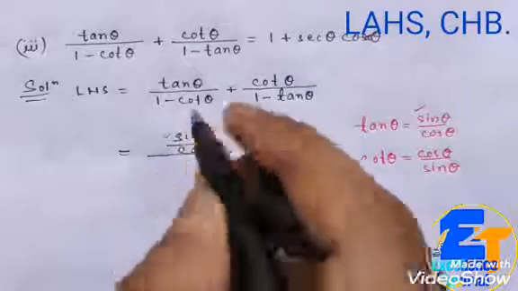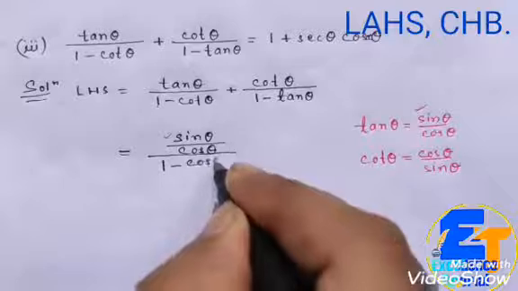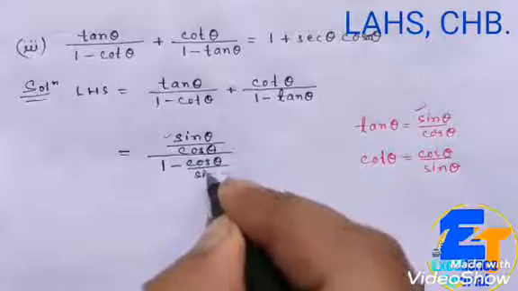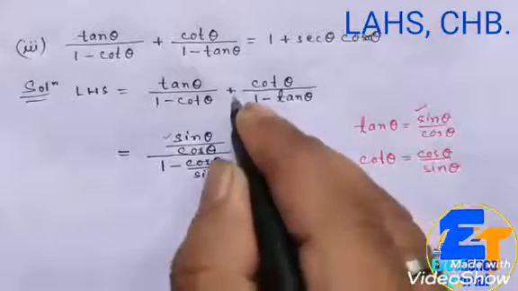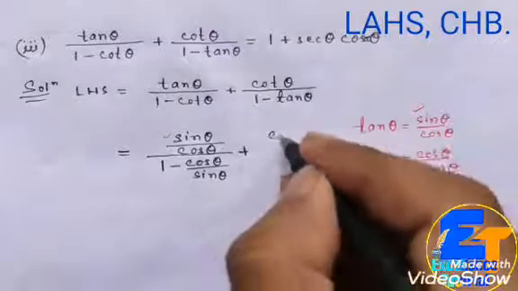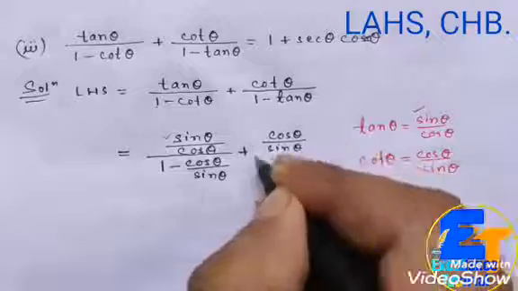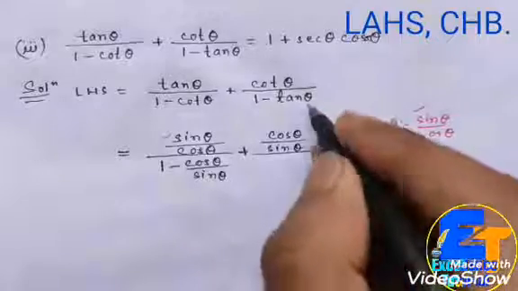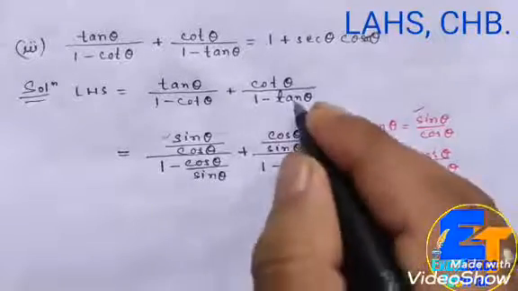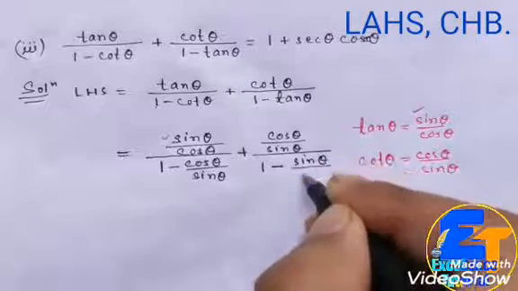So 1 minus cos theta by sin theta, plus again cot theta is here, so we can write cos theta by sin theta, 1 minus, in place of tan theta, we can write sin theta by cos theta.